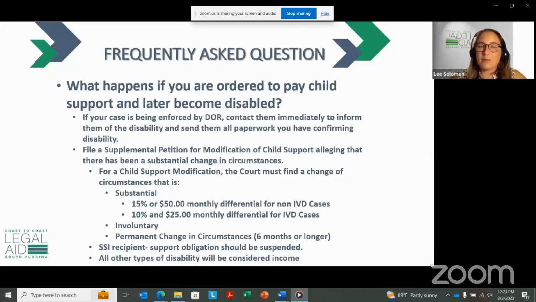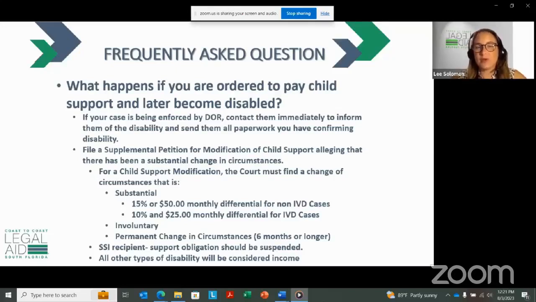For a child support modification, you must prove that there's been a change of circumstances that is substantial, involuntary, and permanent. As far as substantial, the requirement is a monetary requirement with the guidelines.